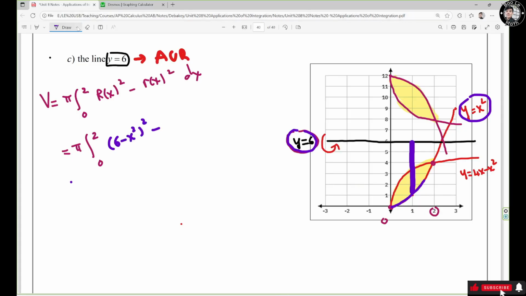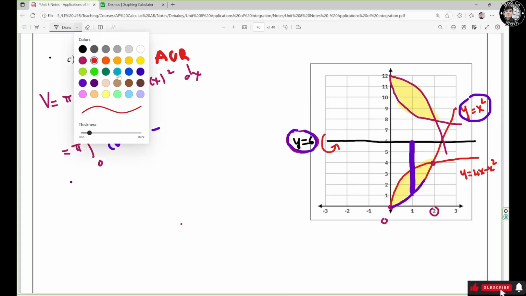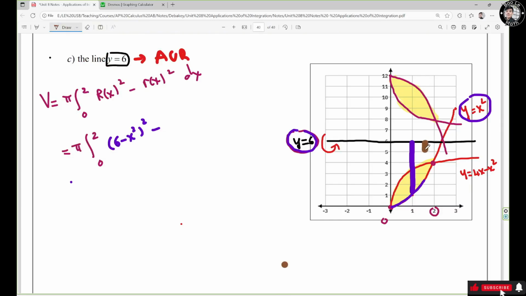Subtract the inner radius, which is going to be from here to here, right? And then it's going to be y top subtract y bottom, right? Y top is 6. Y bottom is this guy, right? So it's going to be right here: 6 minus 4s, and don't forget to change the sign right here, plus s squared all together squared ds, right?